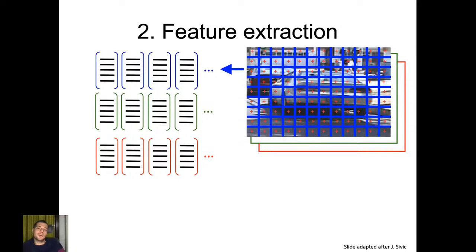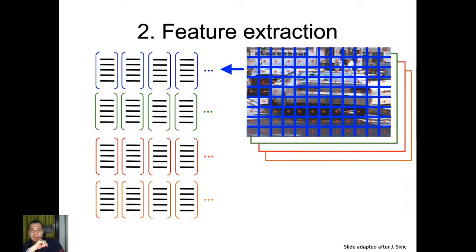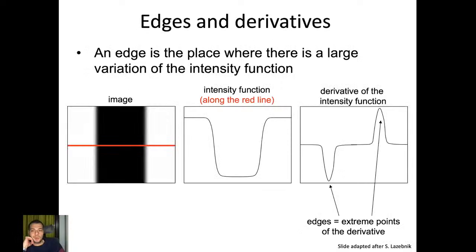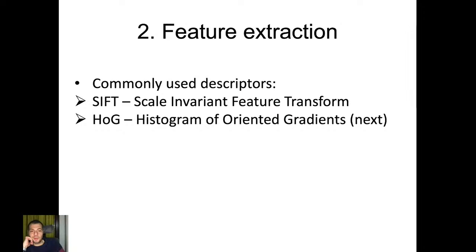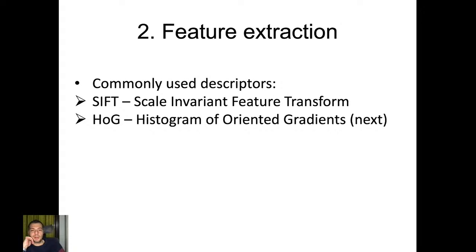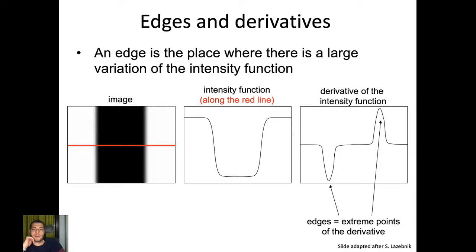So here we extract all these descriptors from all the training images. As I said before, you can use SIFT or HOG and so on. These are commonly implemented in libraries such as OpenCV and others, so are commonly used now in the literature.